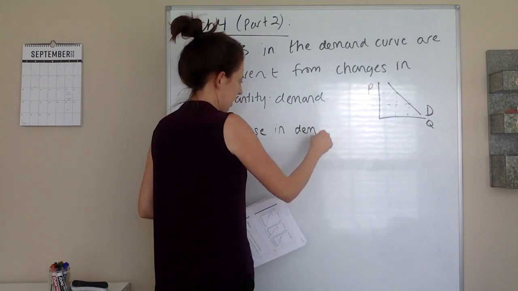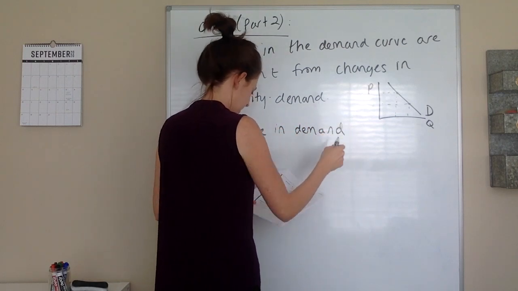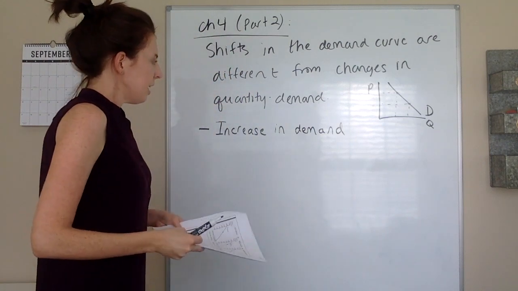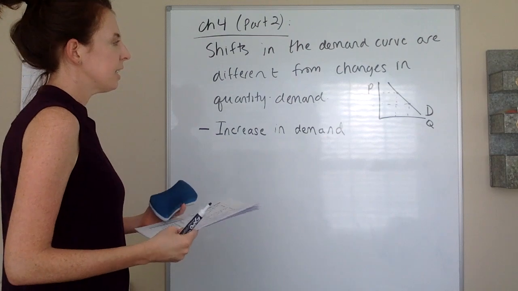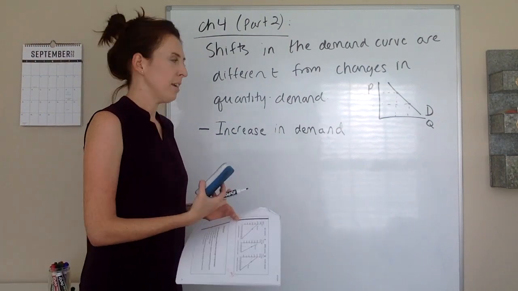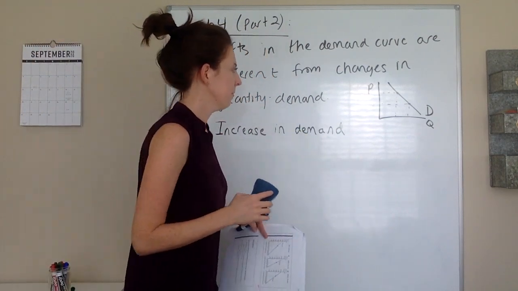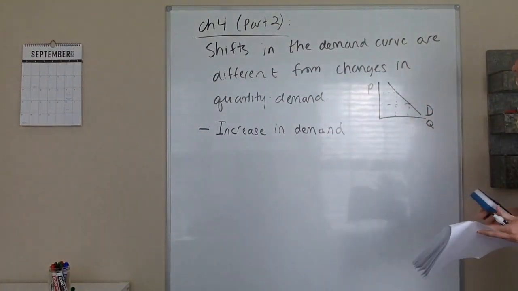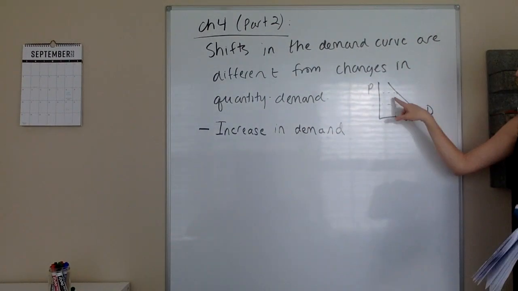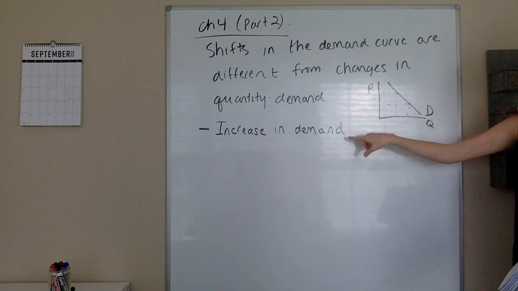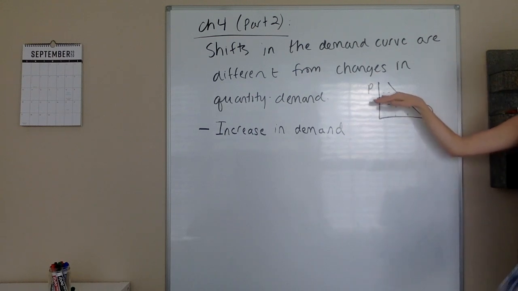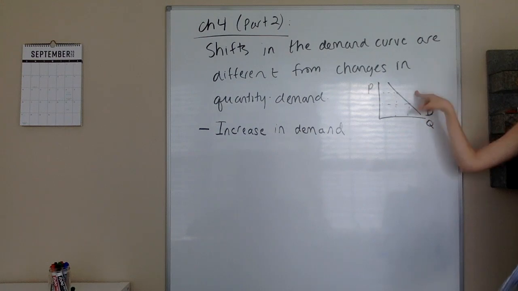So underneath here, we're going to first think about an increase in demand and what that means. An increase in demand is such that for any given price point, I'll keep this graph and keep pointing at it, if you hold the price constant, then after there's been an increase in the demand, at that same price point, there are now more units being demanded than before.